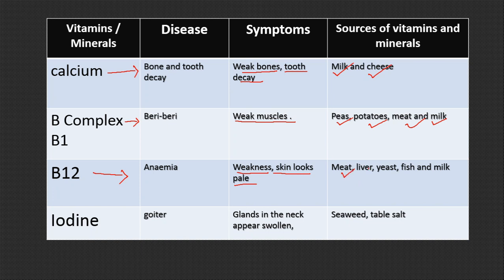Meat, liver, yeast, fish, and milk are good sources of vitamin B12. Lack of iodine causes goiter. In goiter, the gland present in the neck appears swollen, and seaweed and table salt are good sources of iodine.